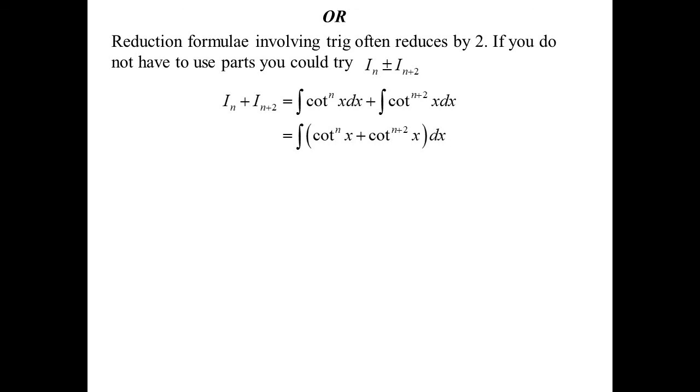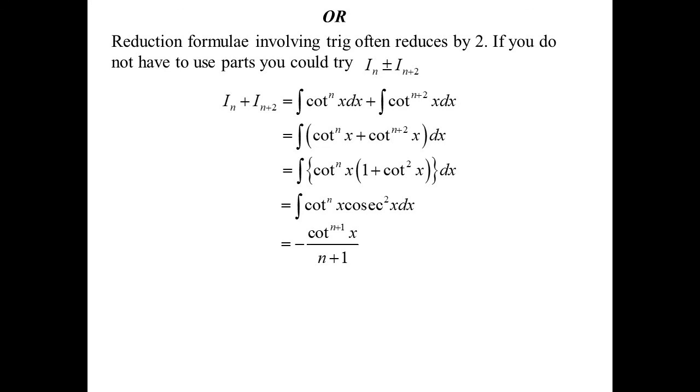It could have just as easily been I_{n-2}, but differ by 2. So if I'd done that with the one we just looked at and said, okay, let's investigate, I_{n+2} would give me cot to the power of n plus cot to the power of n plus 2, which I could factorise to be cot to the power of n, times 1 plus cot squared. 1 plus cot squared is, of course, cosec squared, and I now have it in the form derivative times function.